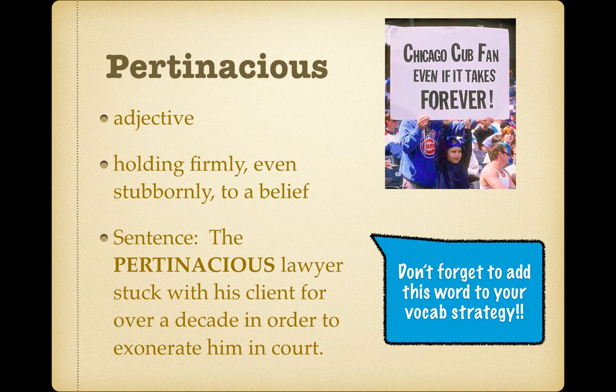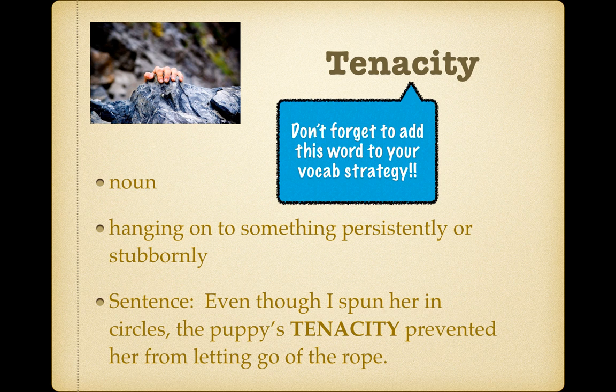The next word has a very similar definition. The word is tenacity. It is a noun, and it means hanging on to something persistently or stubbornly. Used in a sentence, even though I spun her in circles, the puppy's tenacity prevented her from letting go of the rope.